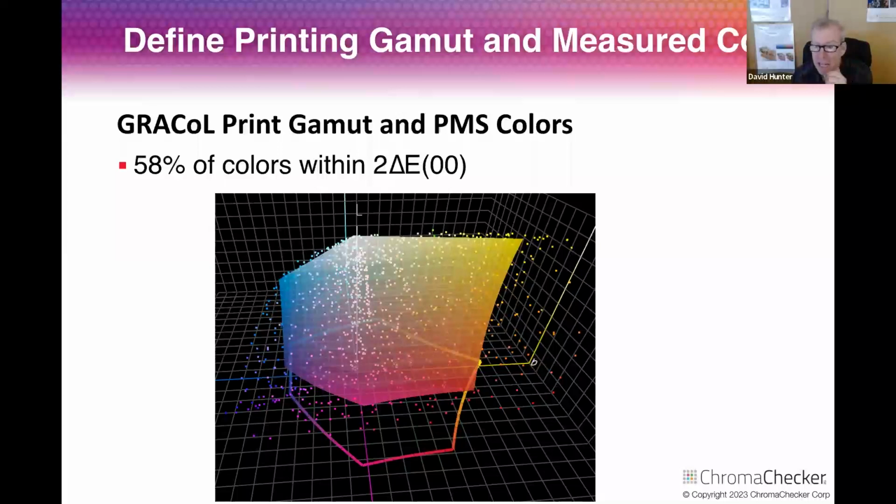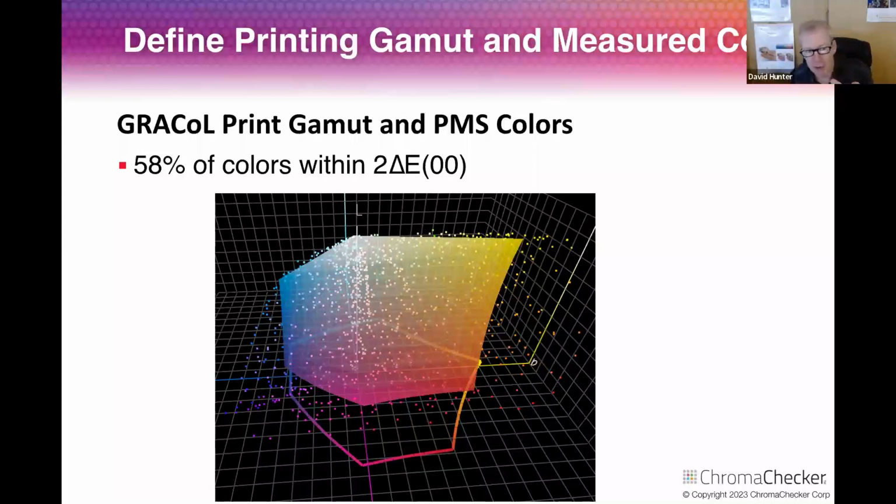In fact, 58% of those Pantone colors are within 2 delta E of the Grackle gamut. We'll talk about delta E more at the next session, but essentially it's a way to quantify color difference. And 2 is perceivable, but in most cases acceptable. It's a very small level of color difference.